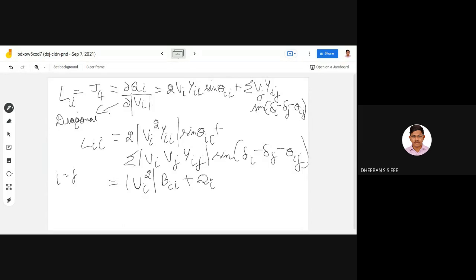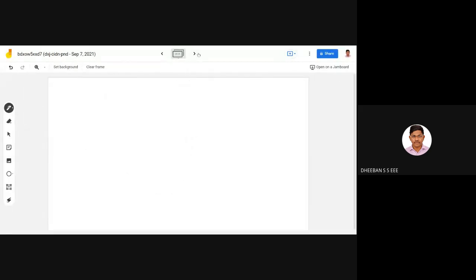So now we have to consider your assumptions, okay, and for the assumptions, what are the things you have to assume. Assume cos del ij to be approximately equal to 1, then followed by sin del ij to be 1.